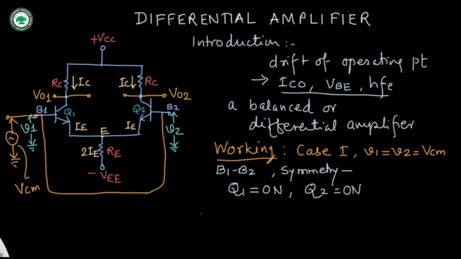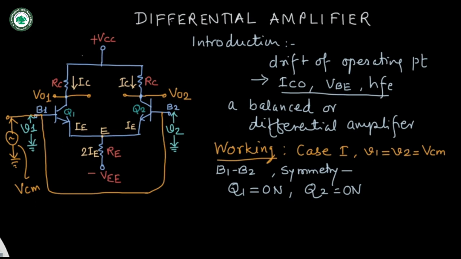Now if we consider the collector side loop, the individual output is taken across the collector of each transistor. Say for Q1 transistor it is VO1, and for Q2 transistor it will be VO2.